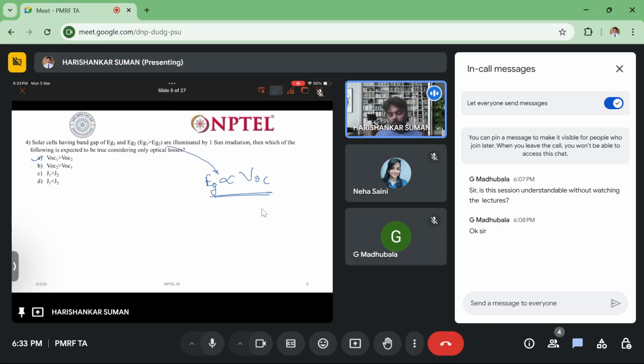But what about the current density? Let's say we have two materials, Eg1 and Eg2. Eg1 is greater than Eg2.